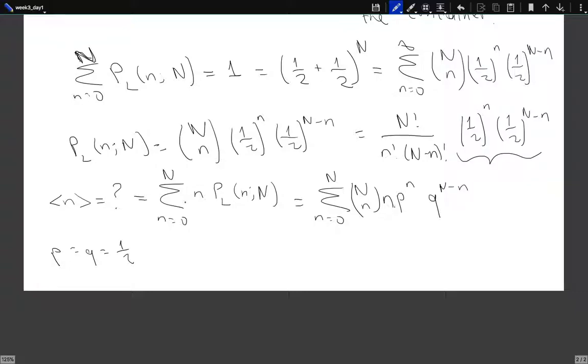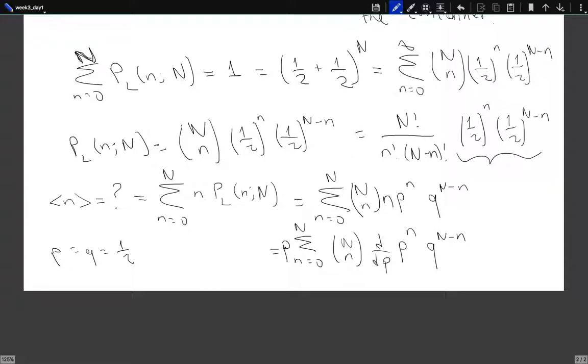Now I will do a trick here. This is nothing but, from n = 0 to capital N, this combinatoric factor times the derivative with respect to p of p^n q^(N-n), and let me also multiply by p after taking the derivative. Because if I do that, when I take the derivative, it will bring down a factor n, but the power of p will be n minus 1.